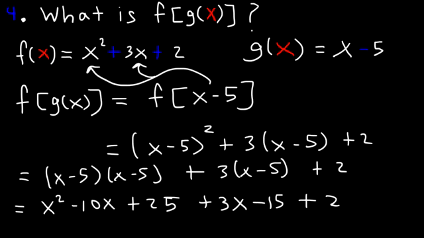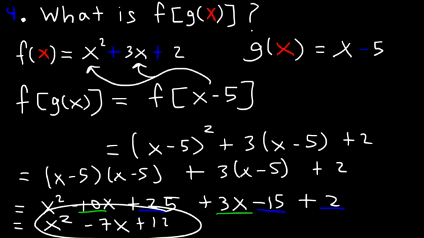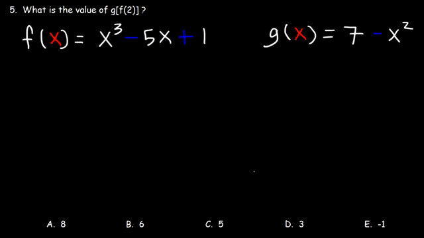So now let's combine like terms. We can add these two, and then we can combine those. Negative 10x plus 3x is negative 7x. 25 minus 15 is 10. 10 plus 2 is 12. So the answer is x squared minus 7x plus 12.